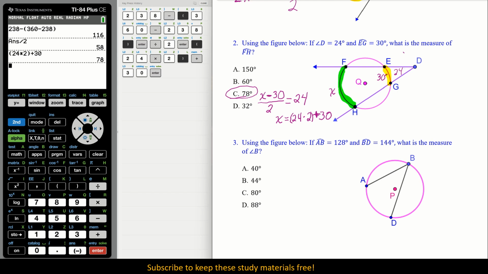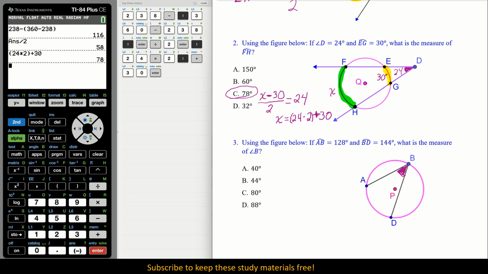I did not mean to do that. If I could get my technology to work, all would be well. So we want to focus on the fact that this angle is on the circle, our point B.